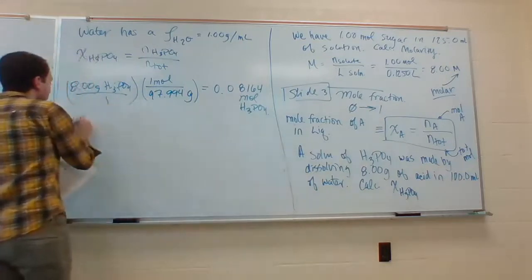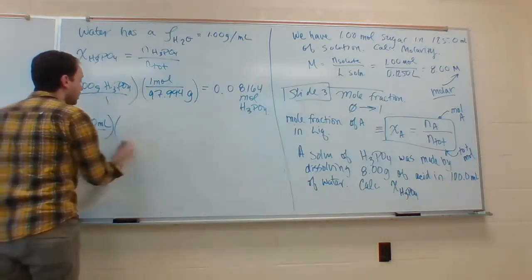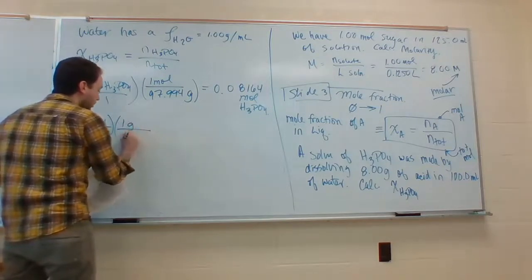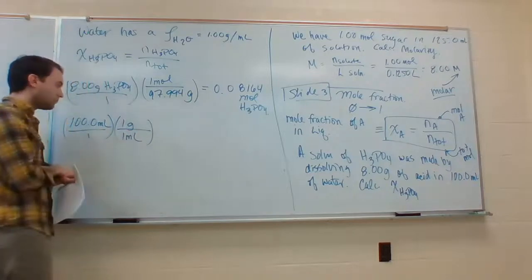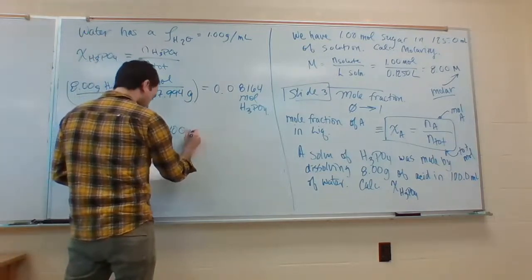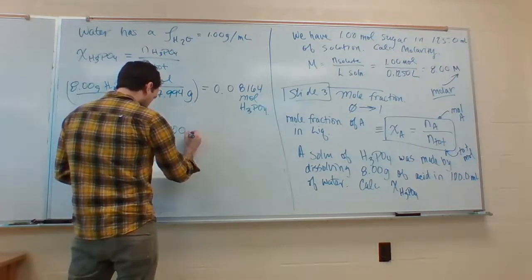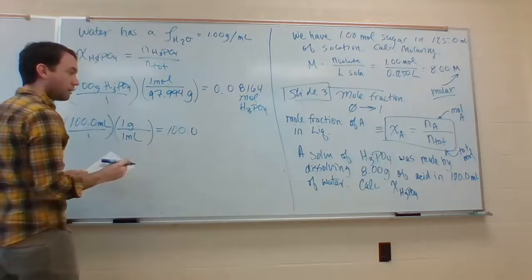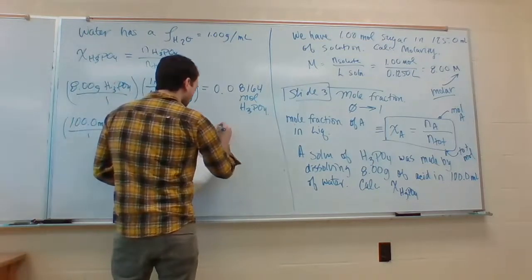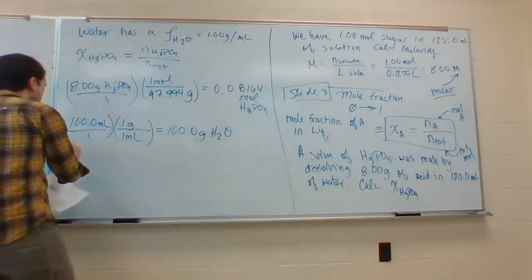Water at this temperature is 1 gram per milliliter, which means we have 100 grams of water. Now we have the grams, so let's convert that into moles.